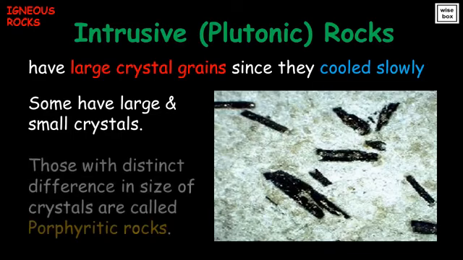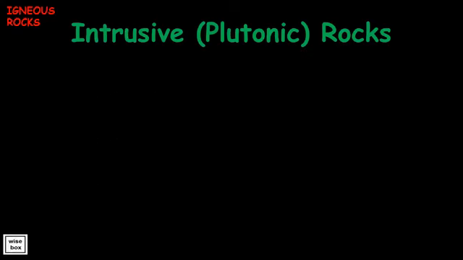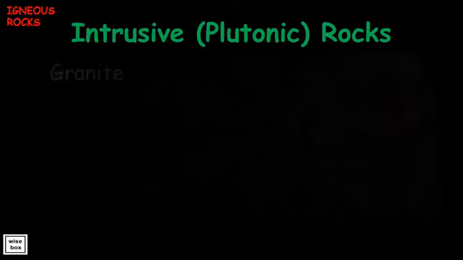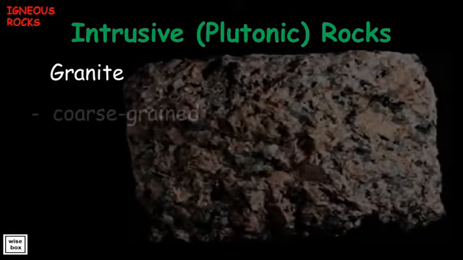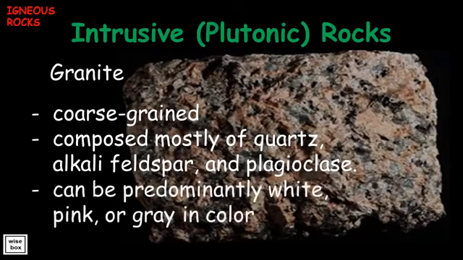Those with distinct difference in size of crystals are called porphyritic rocks. One example of an intrusive rock is granite. It is coarse-grained, composed mostly of quartz, alkali feldspar, and plagioclase, and it can be predominantly white, pink, or gray in color.